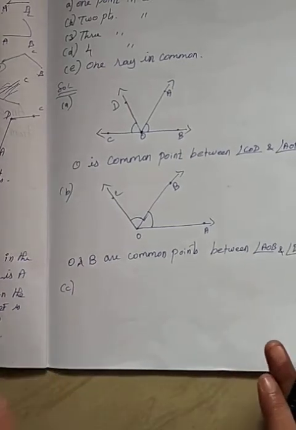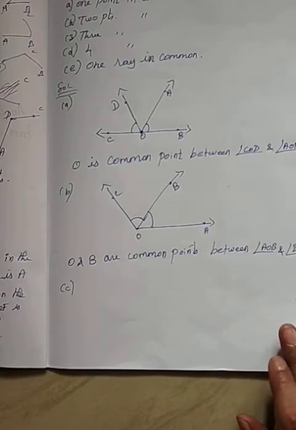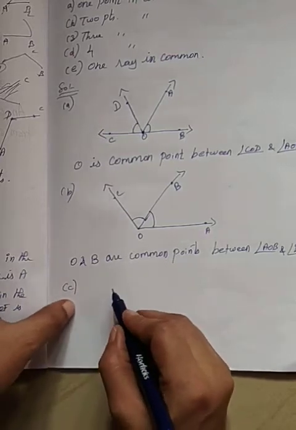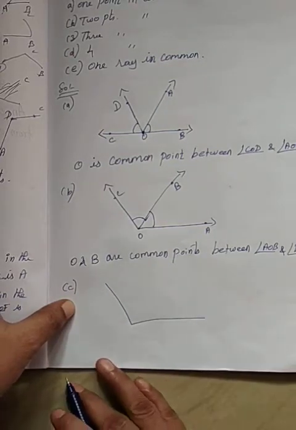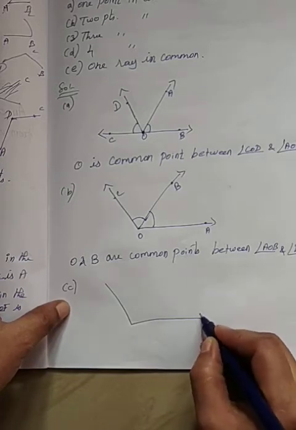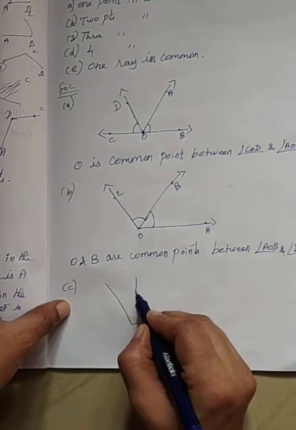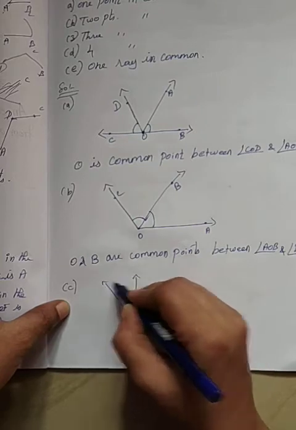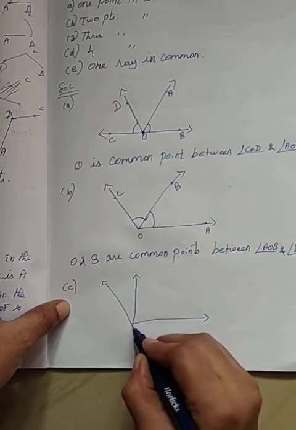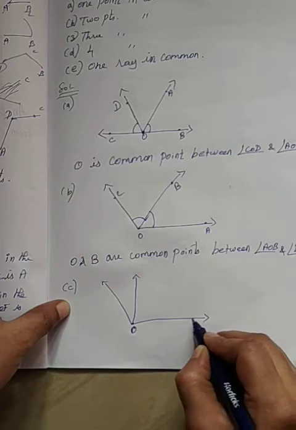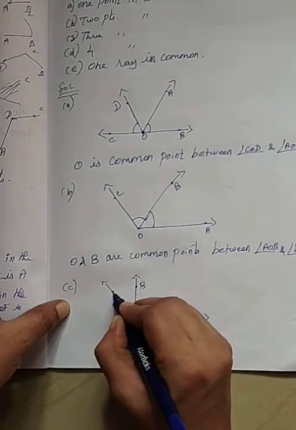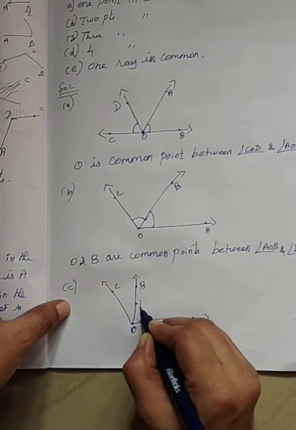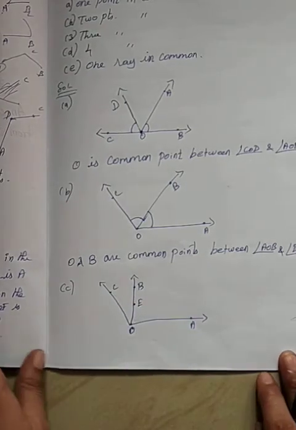What is that? Two angles but 3 points. How can you draw? The same thing. See here, in this one, O, A, B, C, this is E. What is that?